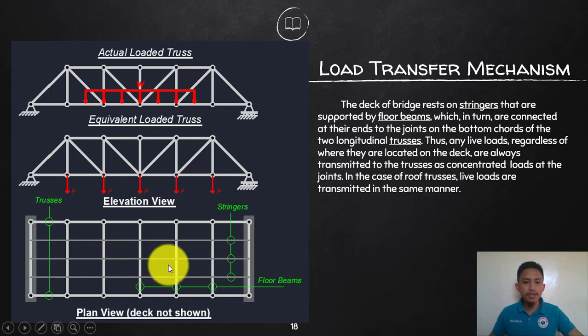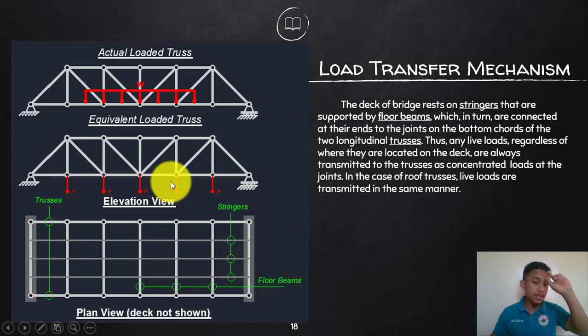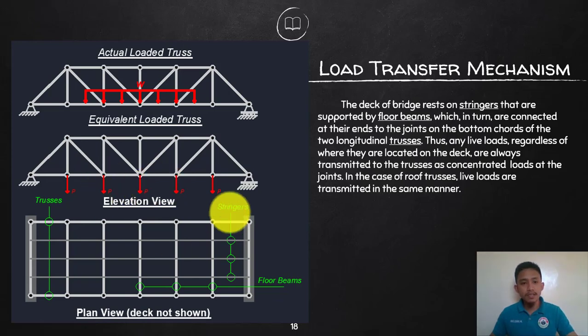The last members holding the load before it is transferred to the truss are the floor beams, all connected to the joints of the trusses. Therefore, the loads from the traffic are transferred to the joints, so our assumption still stands that all loads on trusses are applied on the joints.